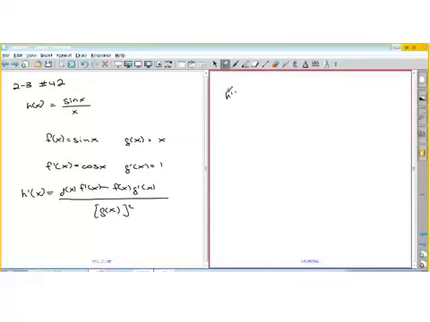So I get h prime of x is x cosine of x, and then I subtract f of x, which is sine of x, times the derivative of g of x, g prime of x, which is 1, and I divide that all by g of x squared. And that's about it. The only thing we do is we could get rid of the 1.